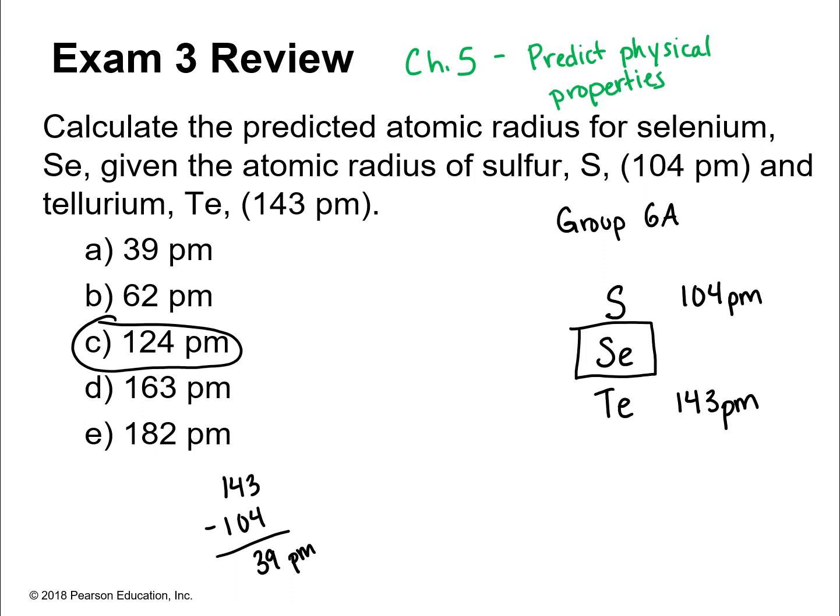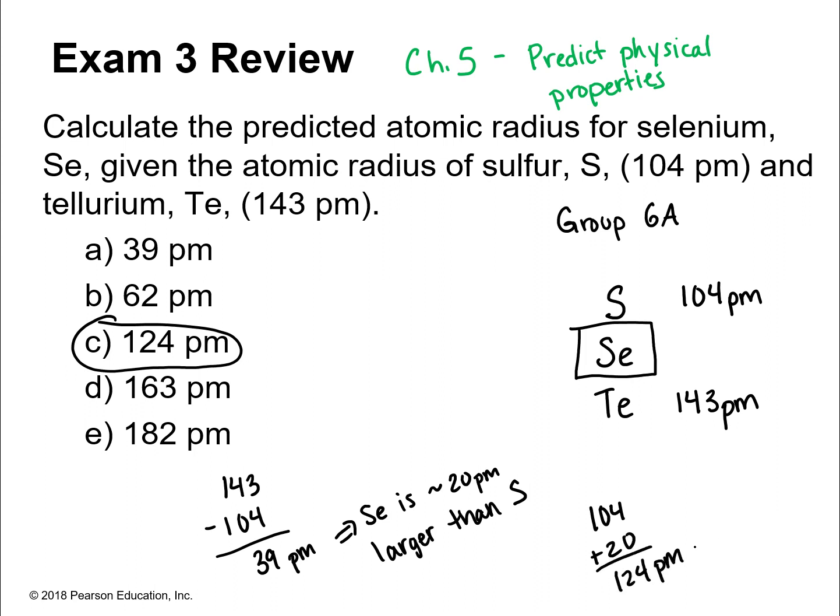Then what you do is you divide that in half, because selenium is going to be kind of in between these two. 39 is almost 40, so you can just call that selenium should be approximately 20 picometers larger than sulfur. So 104 plus 20 gives you 124.